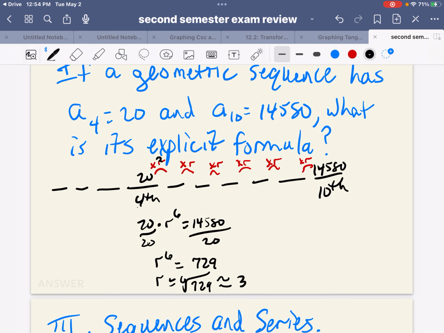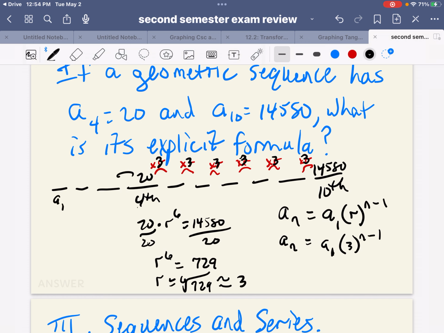Okay, so now this is going times 3, times 3, times 3, times 3, times 3, times 3. Well, remember, a sub n equals a sub 1 times r to the n minus 1 if it's a geometric sequence. So now I know that a sub n equals a sub 1 times 3 to the n minus 1, but I need to find a sub 1.